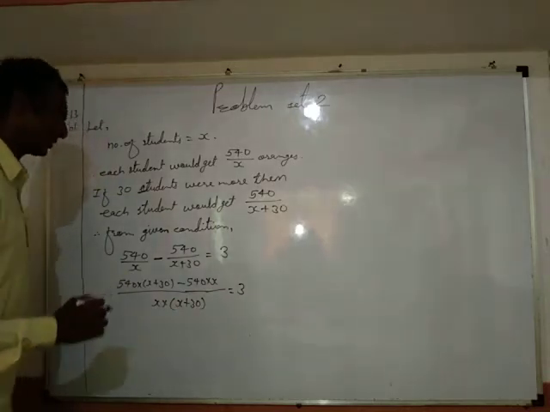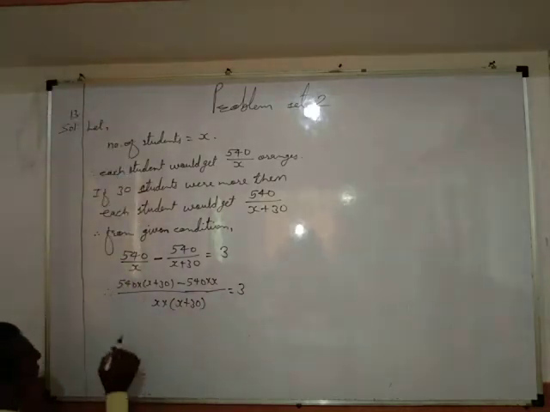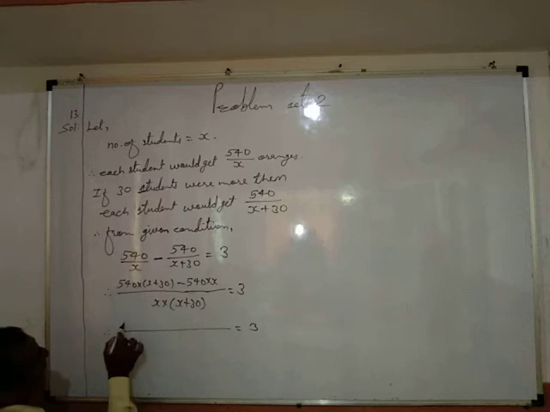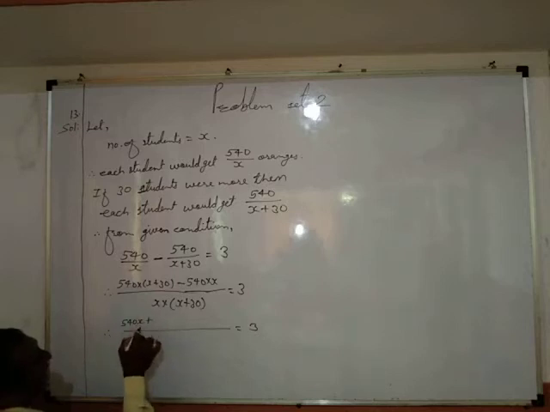Now let's simplify. 540 into x gives us 540x, 540 into 30.